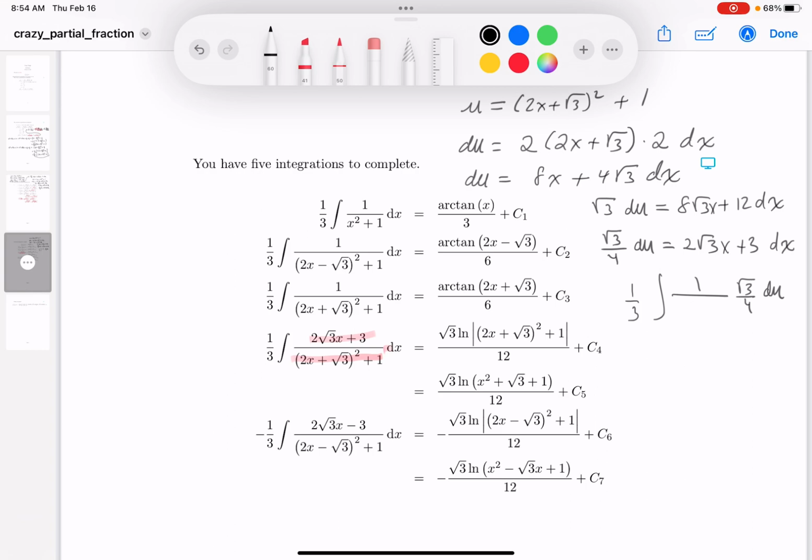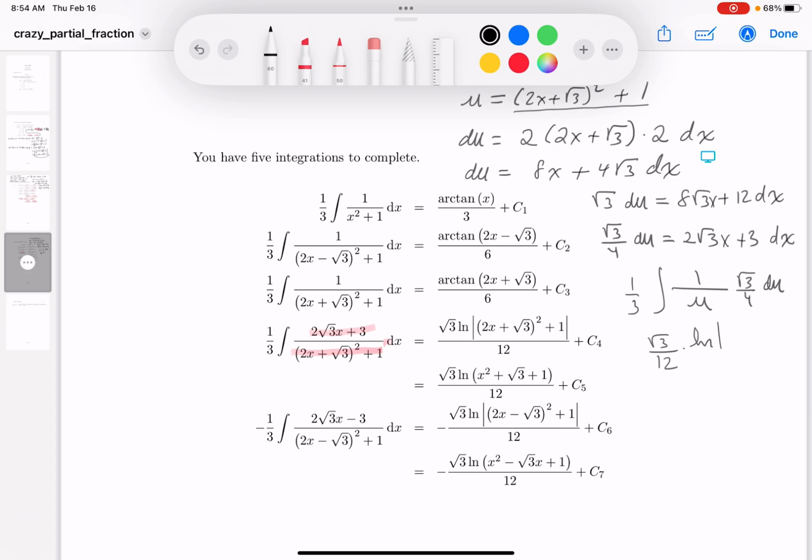And what goes on bottom is just u. So let's write this down. You're going to get root 3 over 12 times the natural log of the absolute value of u. And what's u? u is this business over here. All right, let me write that down for you. So it's 2x plus root 3 squared plus 1.